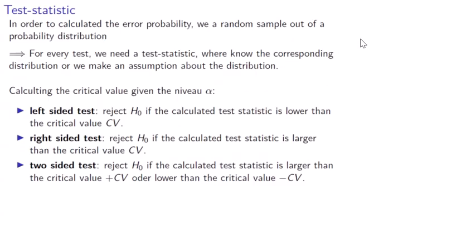Well, and this more or less we held already, that we have this left, right, and two-sided tests, where our critical value or our test statistic later on in the multiple linear regression, this will be our estimated beta factors, that they are larger or less, or just equal to our critical value.